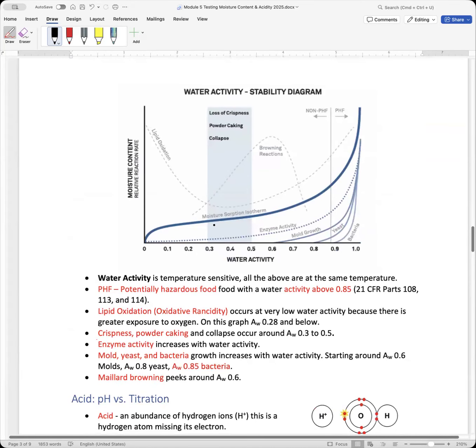So, water activity stability diagram. This is a really cool chart that I tend to use a lot. You've probably seen it before, but this side has moisture content and this side has water activity.